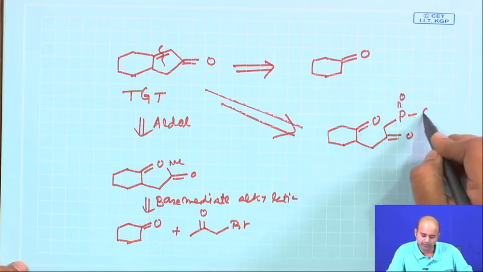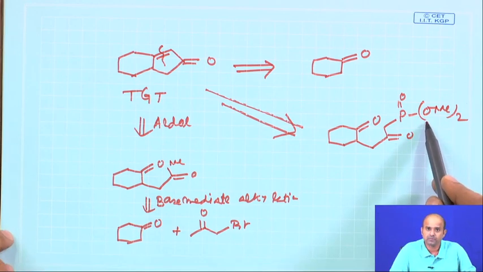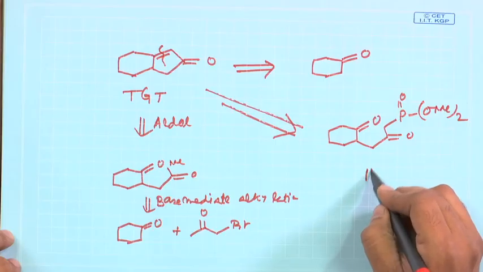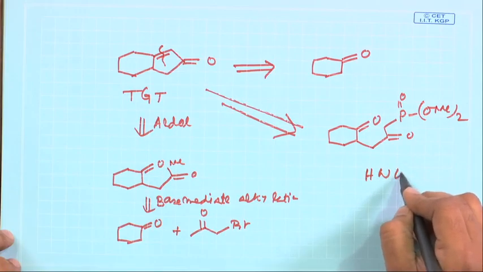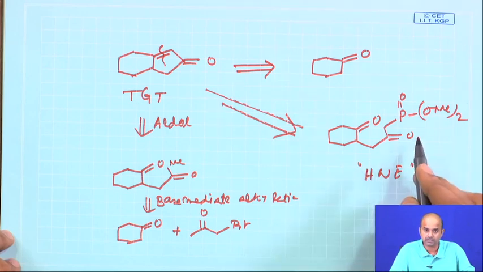We said a Wittig type of reaction can also be thought about. Now, this compound is named a phosphonate, and the transformation we are looking for is the Horner-Wadsworth-Emmons reaction. In a standard Wittig reaction, what do we do?